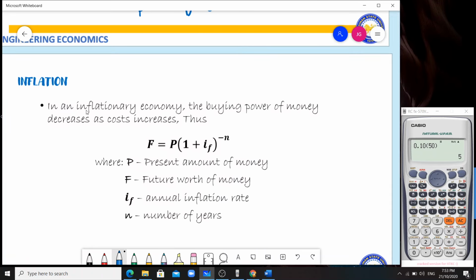In an inflationary economy, the buying power of money decreases as cost increases.